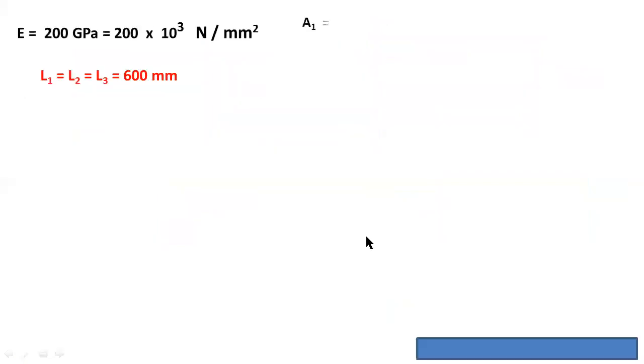Now from the figure, L1, L2, L3 are the original lengths, and these three are equal, that is 600 mm. And we already found the areas A1 equals A2 equals A3. These three are the individual areas: A1 is the area of the bar AB, A2 is the area of the bar BC, and A3 is the area of the bar CD.